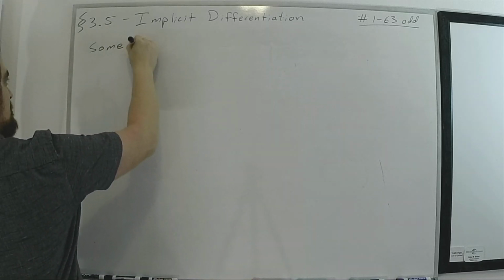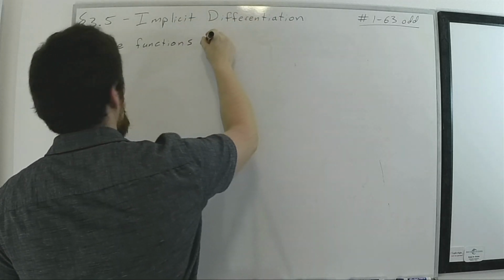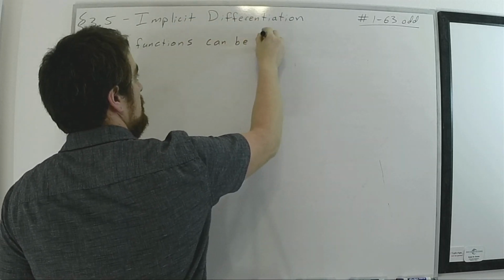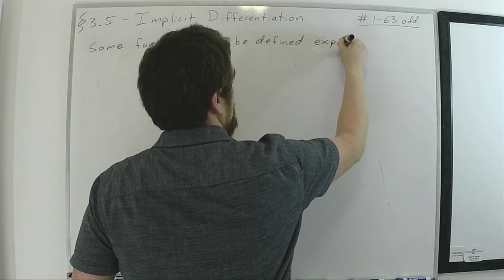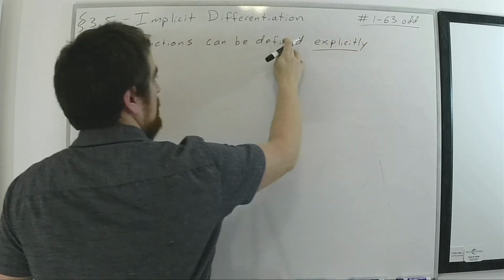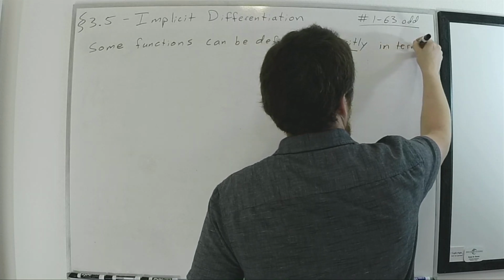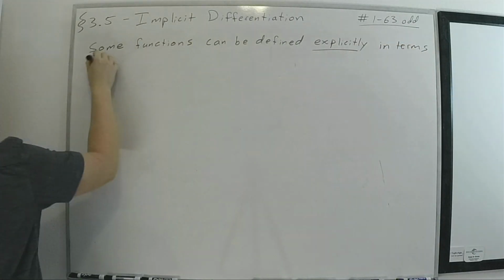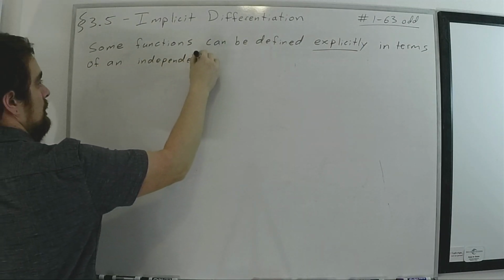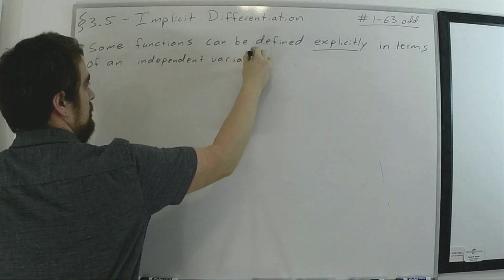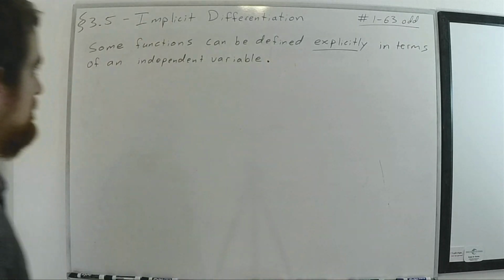So I say some functions can be defined, I'll use the word explicitly, in terms of an independent variable, for us it's typically x for our independent variable.